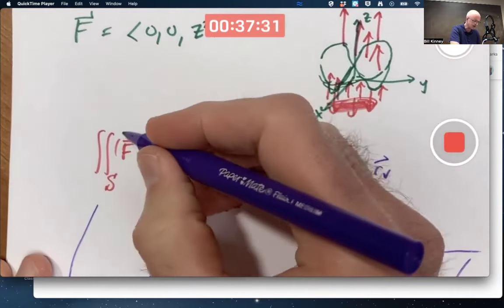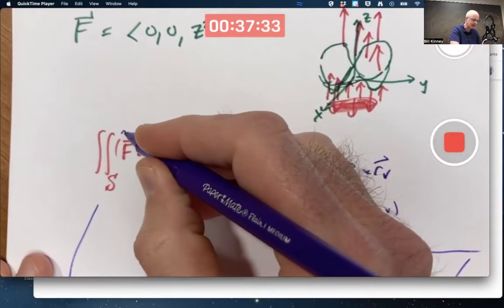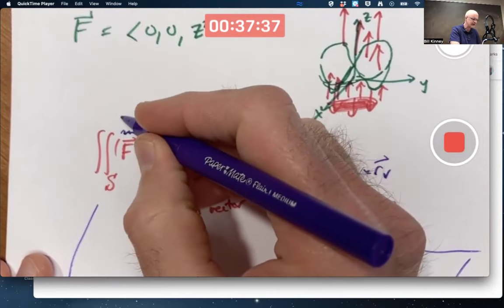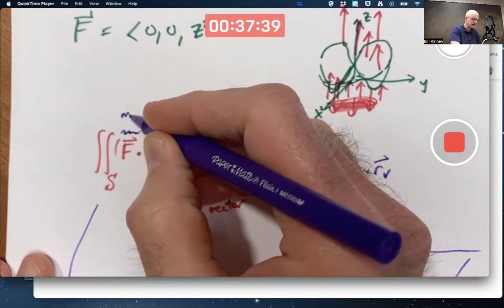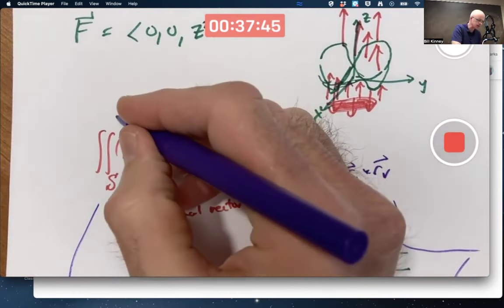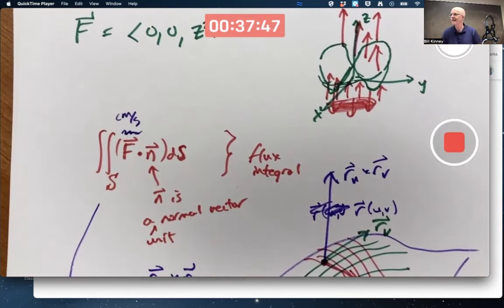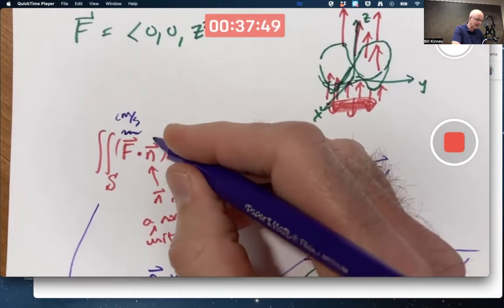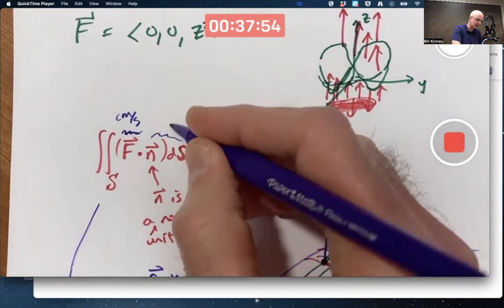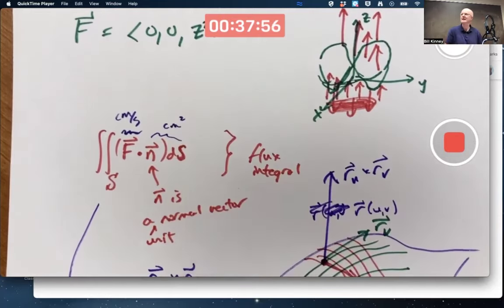You could think of the vector field, if it's a velocity vector field, as being in meters per second, say. Or maybe if it's water, maybe you prefer centimeters per second. And essentially the ds is a small element of surface area.